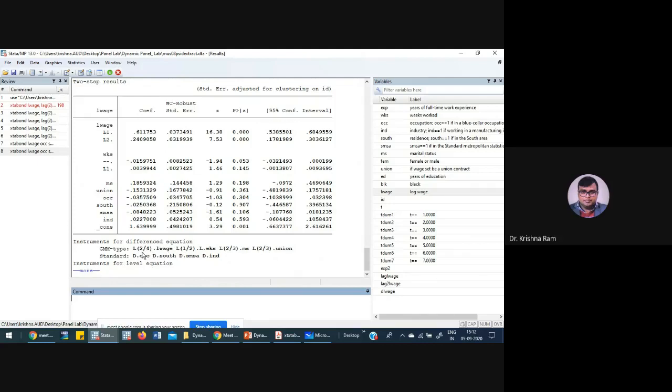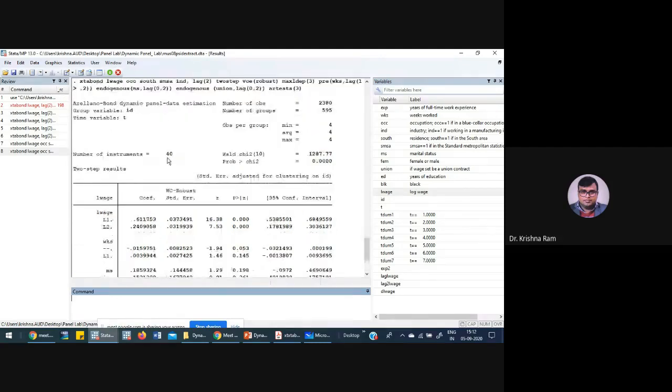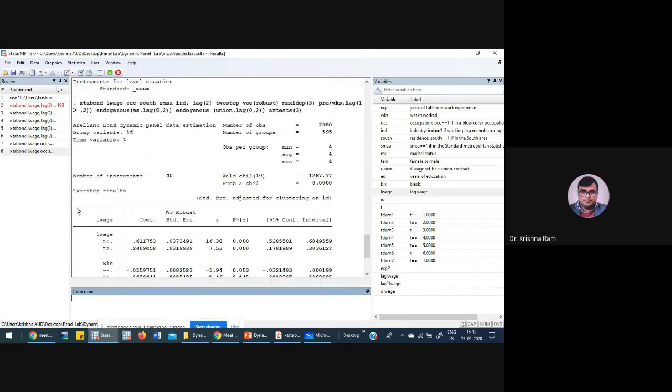So that's why 2 divided by 4 is written, because maximum 3 lags are used for estimating the estimates of parameter.